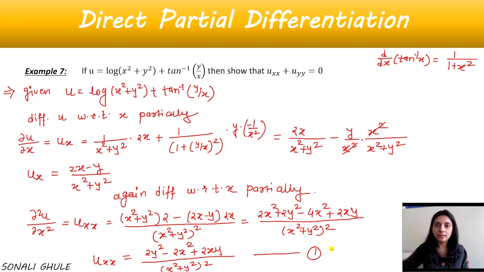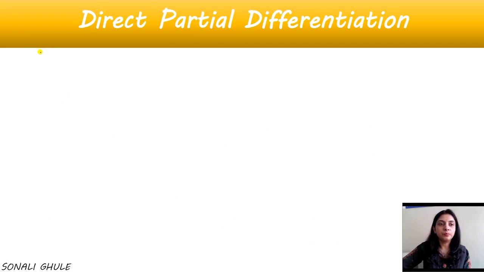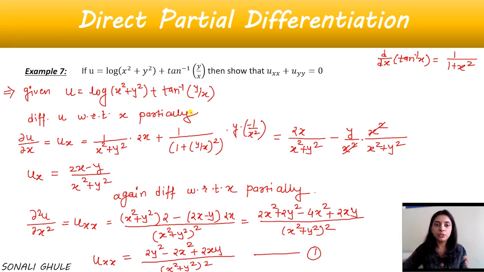We got uxx. Similarly now I have to find uyy. Correct. Okay. So first differentiate u with respect to y partially. Now partially means you have to keep x constant this time. What is our u here?